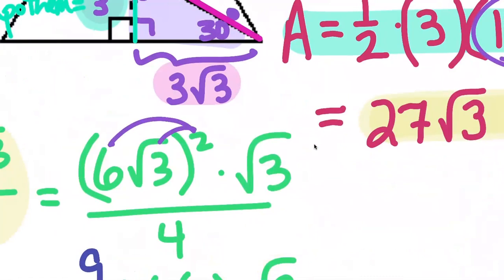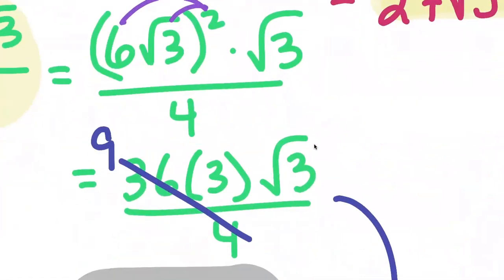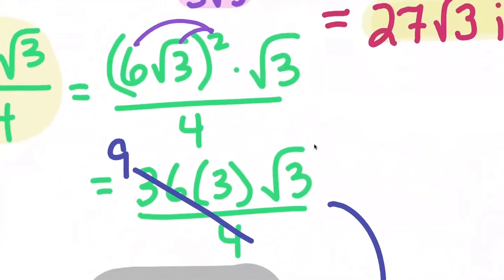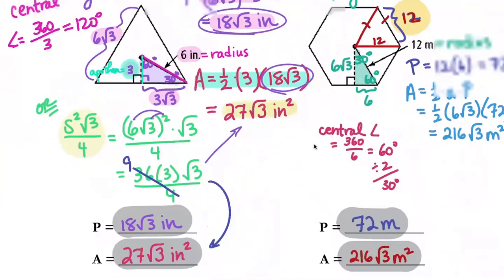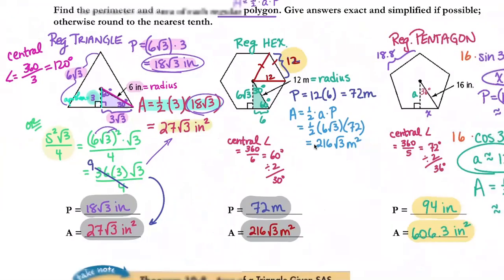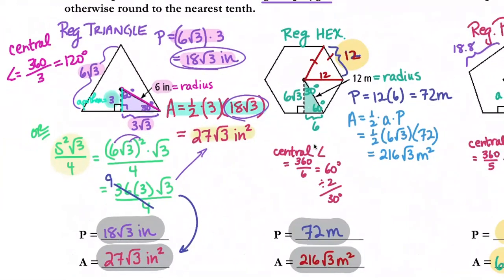So that's 36 times 3 times root 3 over 4. And then instead of multiplying and then dividing, I went ahead and divided out a 4 from the 36 and got 9, which again is 27 root 3. So it should give you the same answer, of course, and it does. So for that one, the perimeter is 18 root 3 inches and the area is 27 root 3 inches squared.